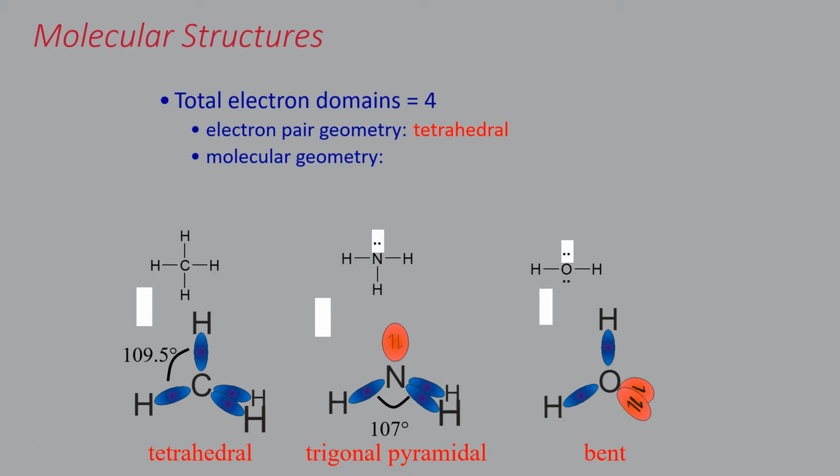All right, take some time to think about this. The molecular and the electronic geometries are the same when there are no unshared electron pairs on the central atom. And they become different, in the case of ammonia and water here, when there are unshared electron pairs present.